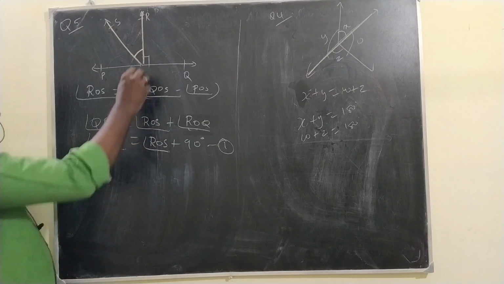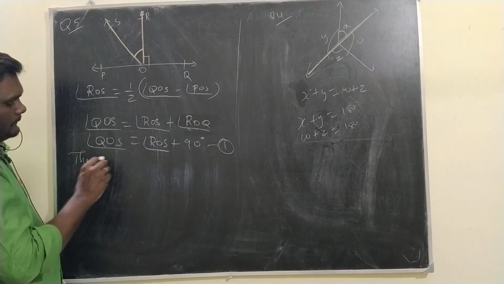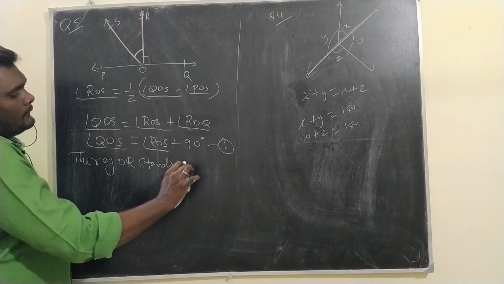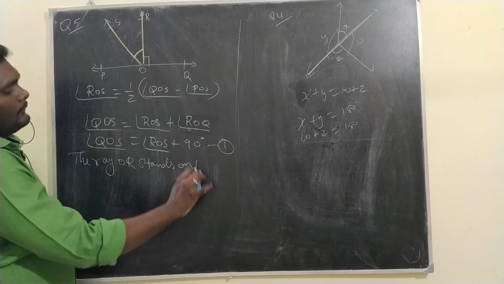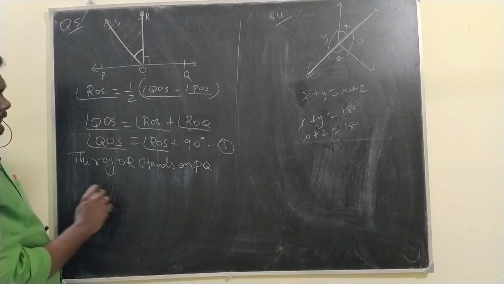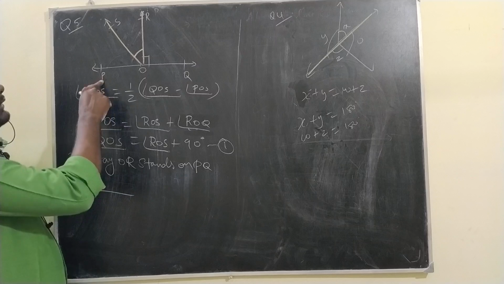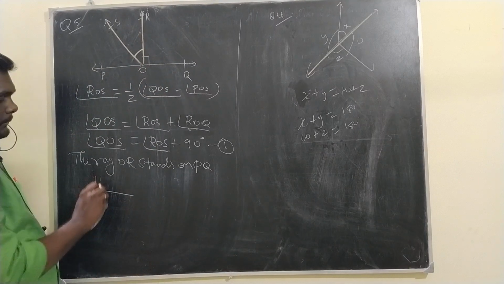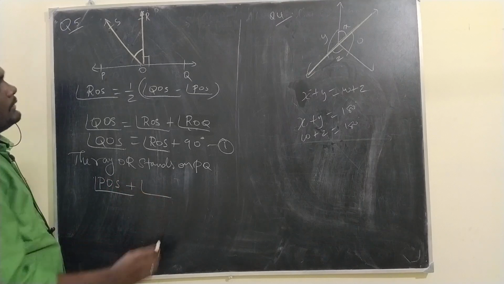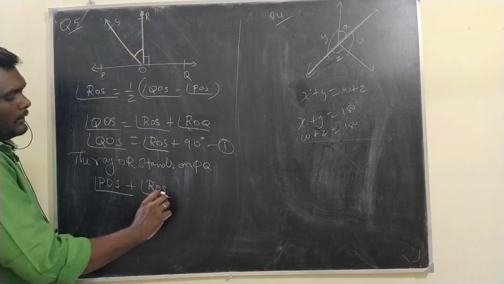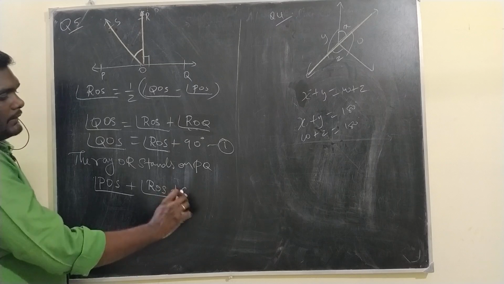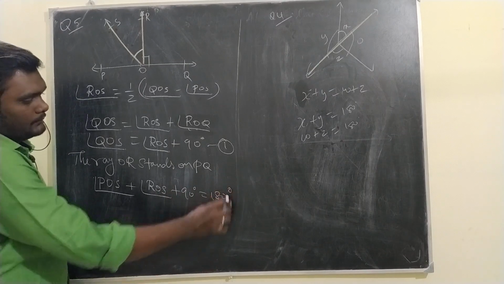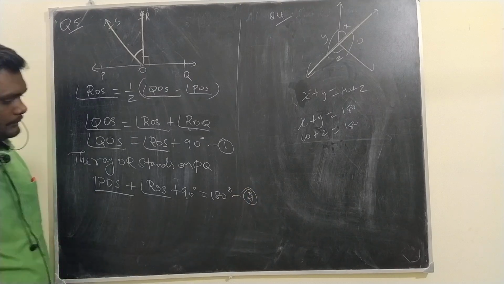I am going to take the ray OR standing on PQ. Actually we have to write POR plus ROQ, but I am going to write POS plus ROS plus 90 degrees equals 180 degrees. That is equation 2.